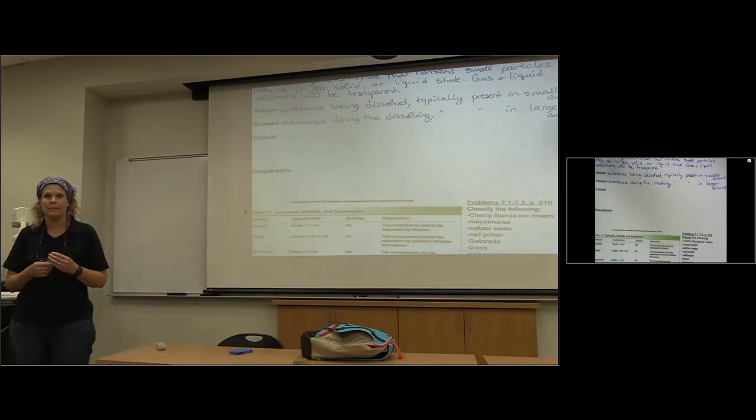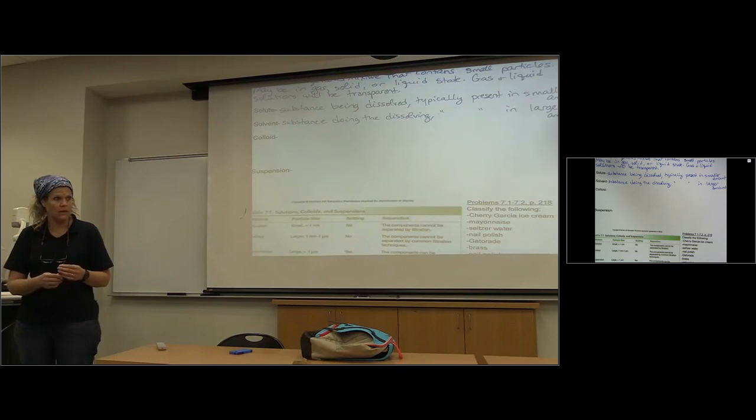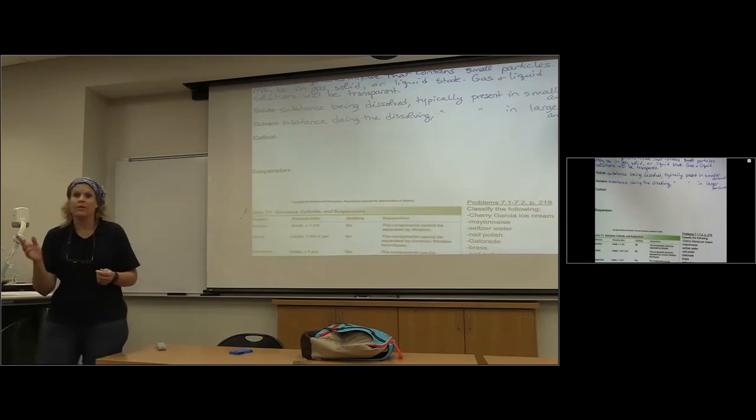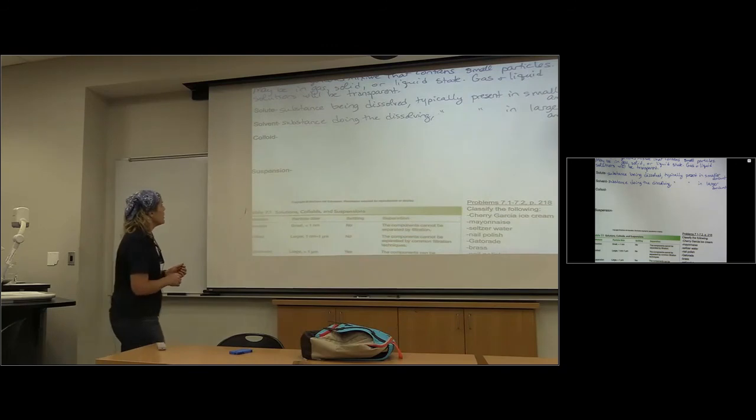What's black coffee? The grounds or the coffee grinds, I guess that is what you call ground coffee, or your coffee beans that then you grind. That's what's dissolved in the water. So that's the solute, the water's the solvent. Is it a solution? Yes. If you even add sugar to it, is it still a solution? Yes. Now if you add cream to it, it's a different thing. And that's what we're going to get to.